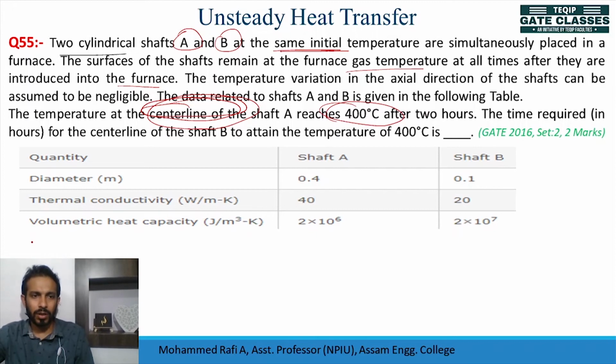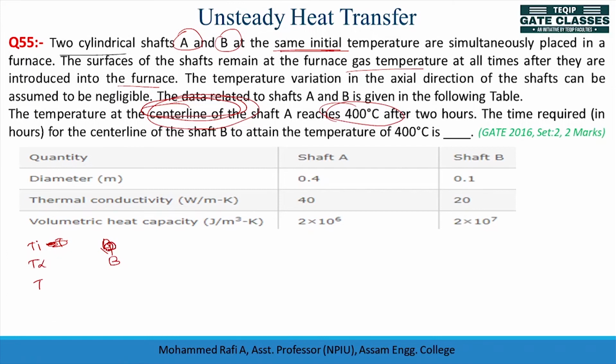So if I am talking about Ti, T infinity and T, what is the condition for A and B? For A and B, Ti, T infinity and T are all the same. Guys, all are the same.